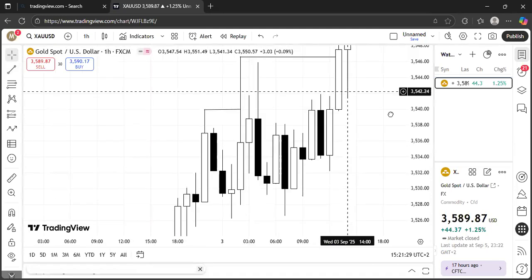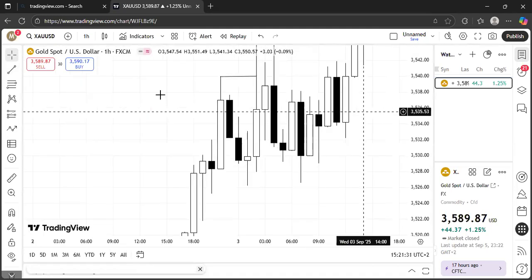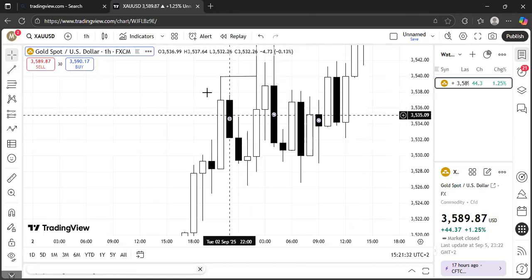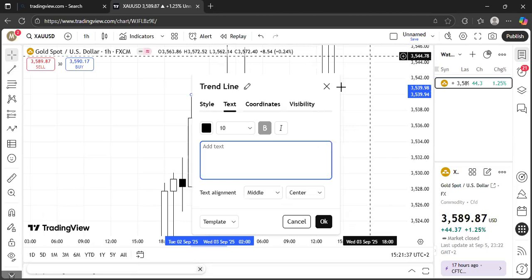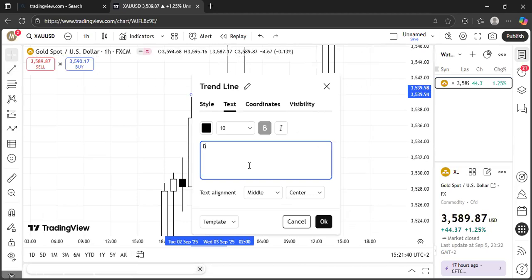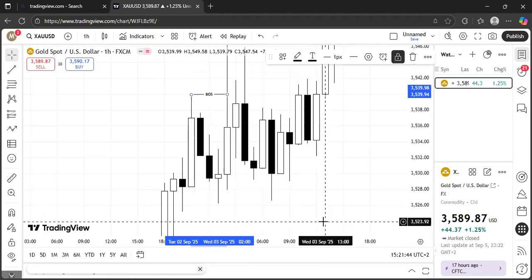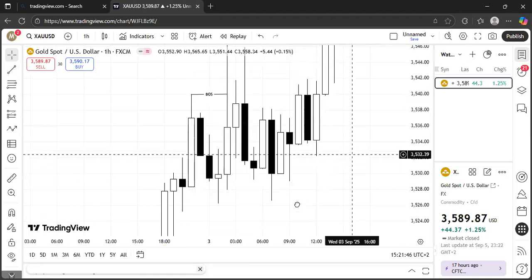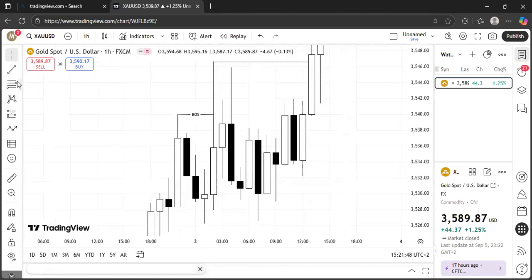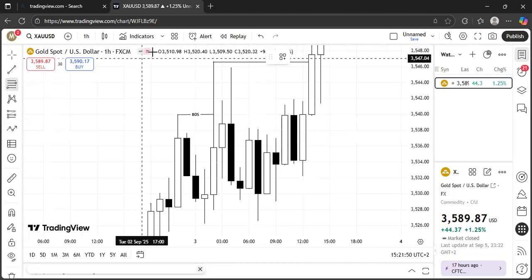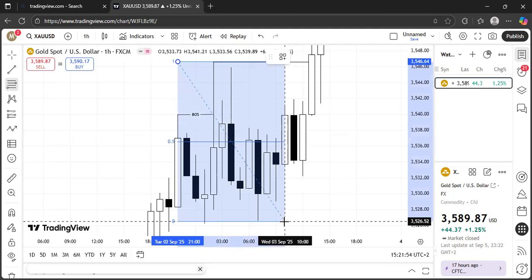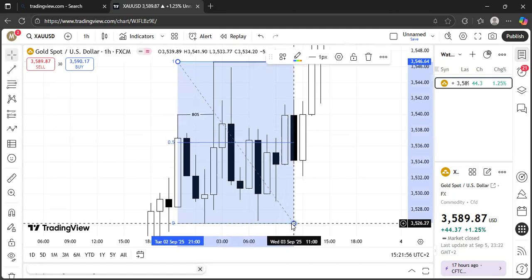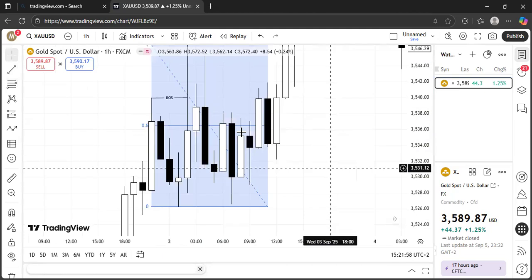So we mark that as our TP, and then let's mark out our break of structure. Okay, there we go. And then let's not forget our Fibonacci retracement. Okay, this is our Fibonacci retracement.